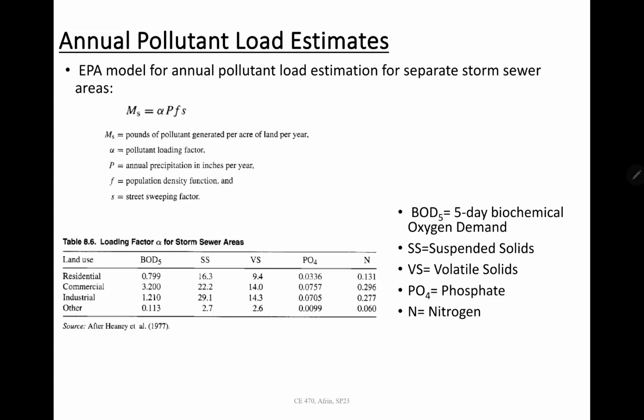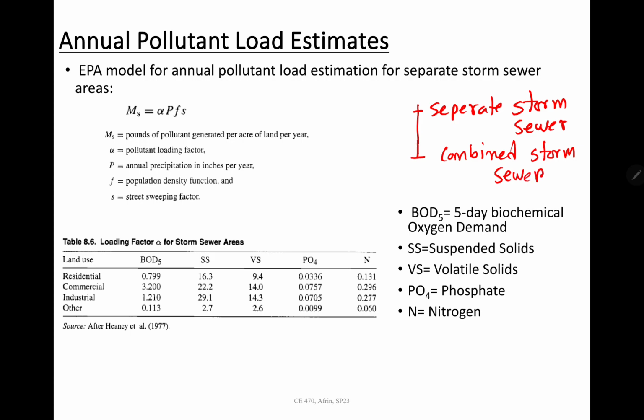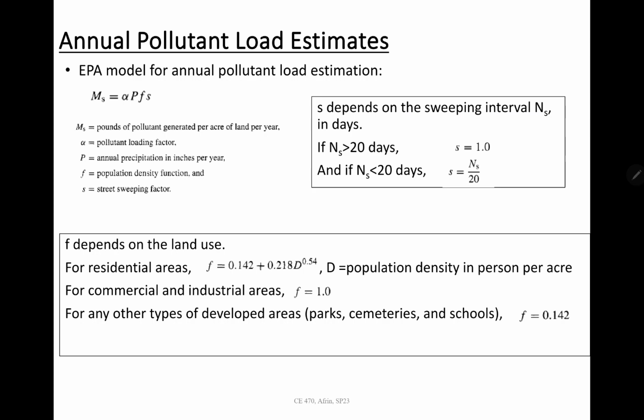There are basically two types of sewer system for carrying the runoff. The first one is the separate storm sewer, and the second one is the combined storm sewer.